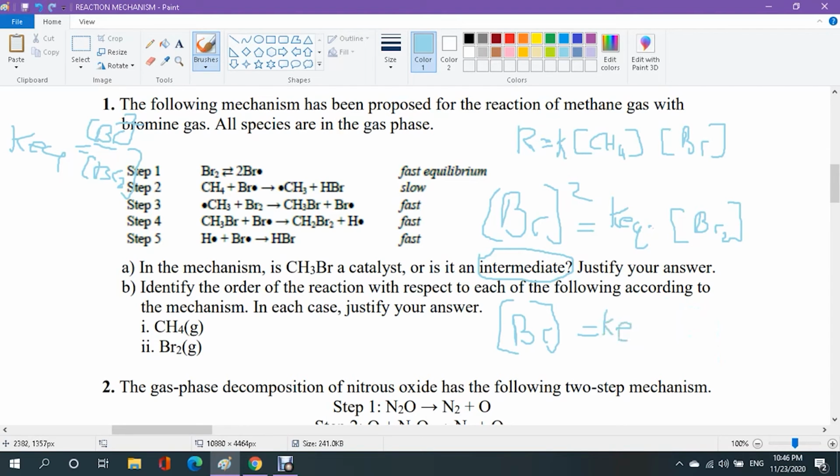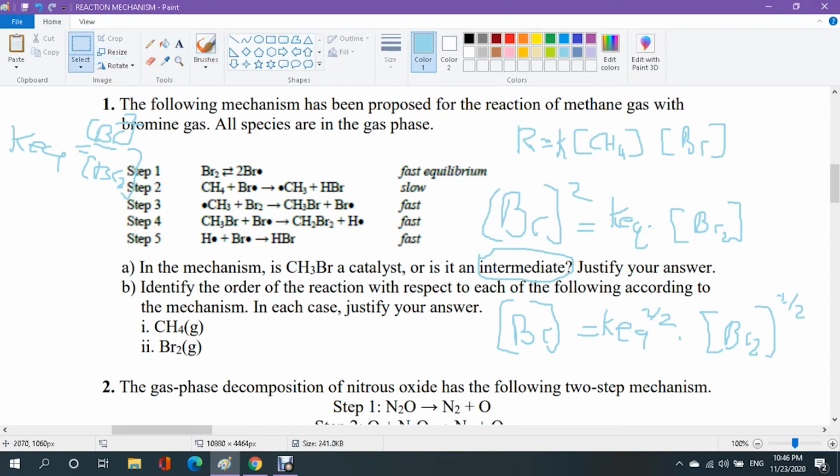So K equilibrium to the power of half times Br2 to the power of half. So now that we have an expression for Br, because we can't use Br for the rate law, we have to put something instead of it. So we have this expression to put instead of it.